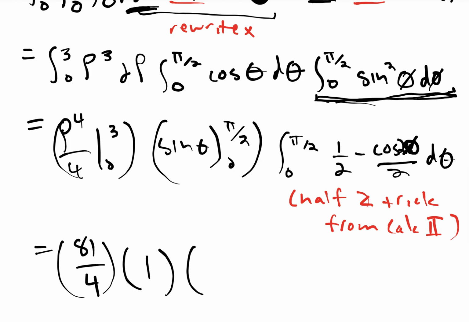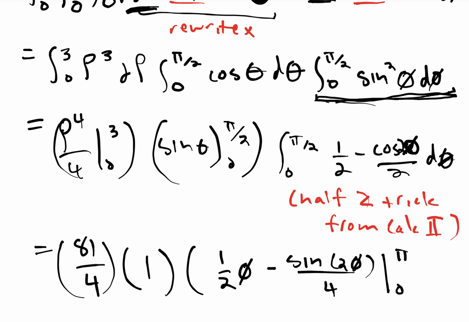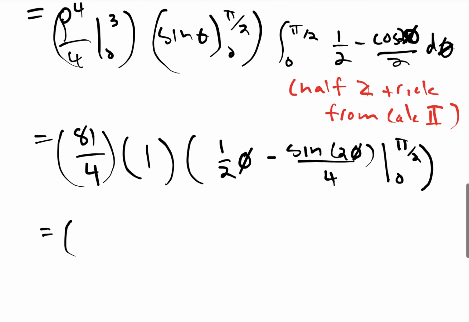If I'm going to anti-derive this piece, I've got 1/2 phi minus sine of 2 phi over 4, evaluated between 0 and pi over 2. And then the final evaluation here.